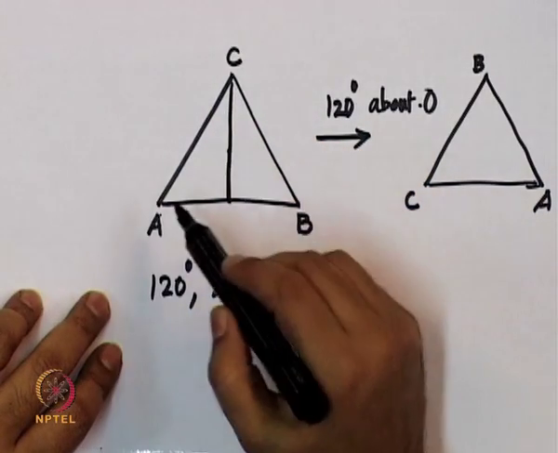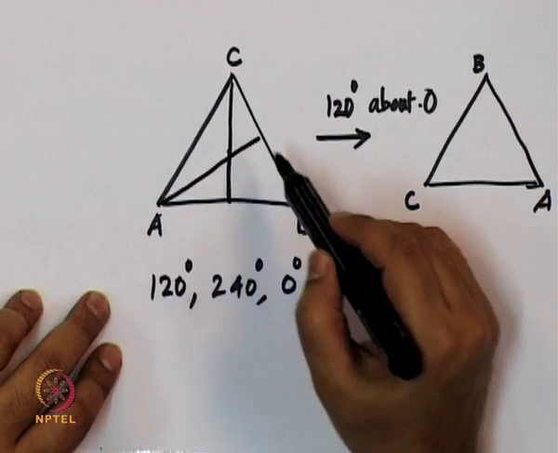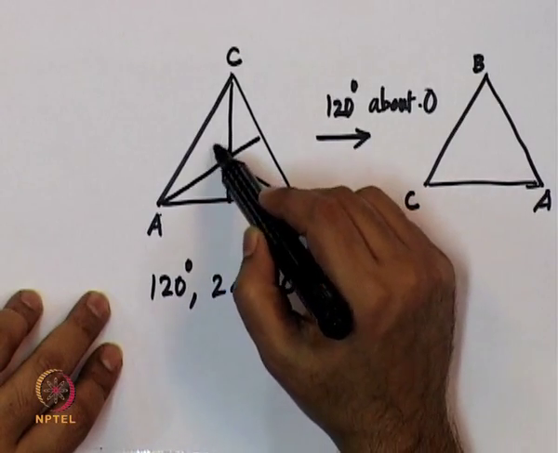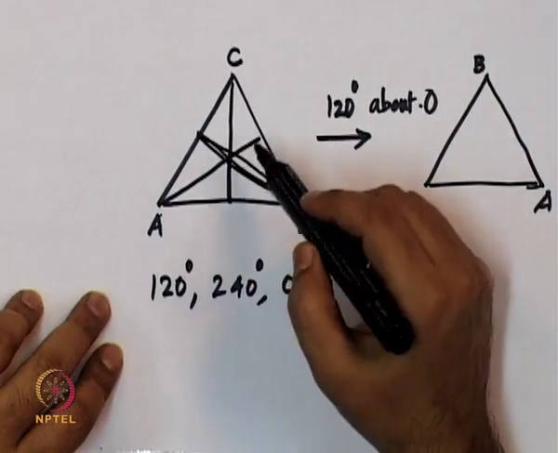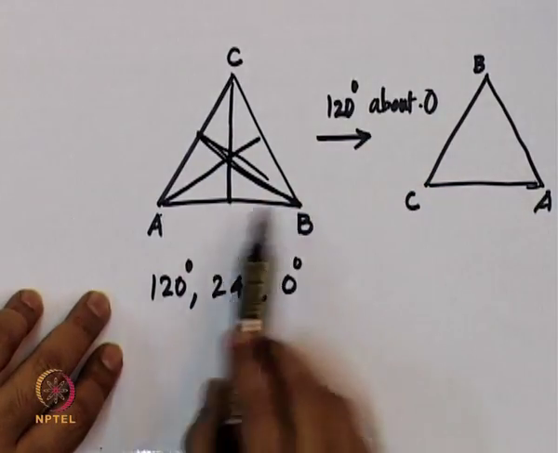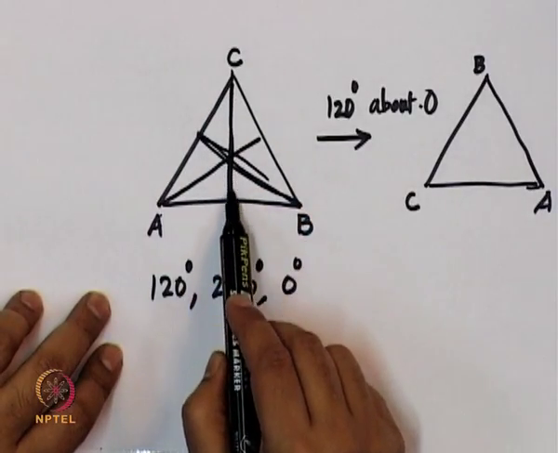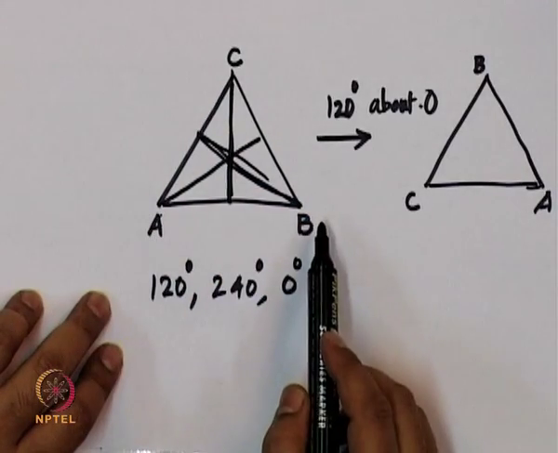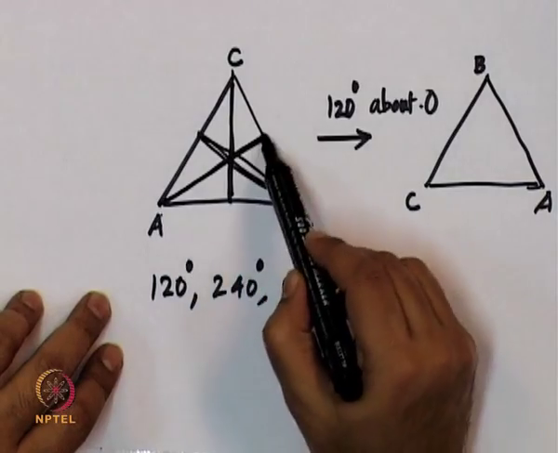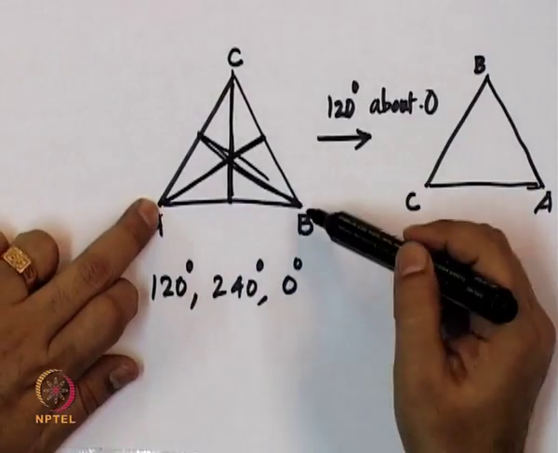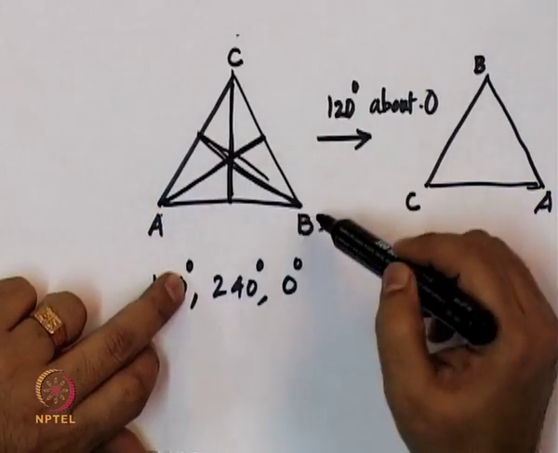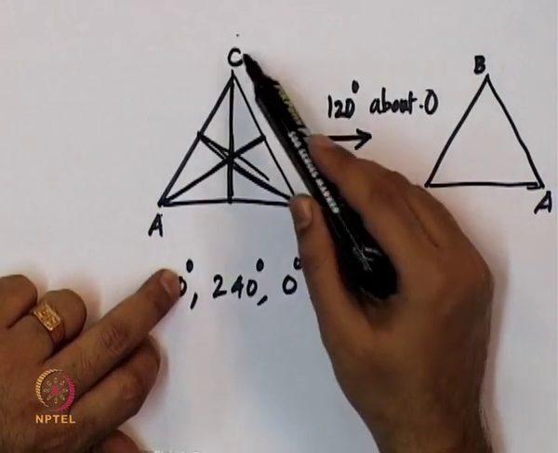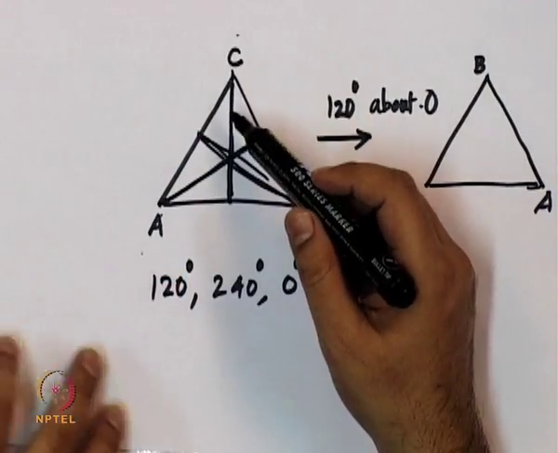Let me define them by taking the perpendicular bisectors. Then I can do a reflection operation about this line where B goes here and A goes here, for example, or a reflection about this which leaves A unchanged, but B and C are exchanged, or a reflection about this where B is unchanged and C and A are exchanged.